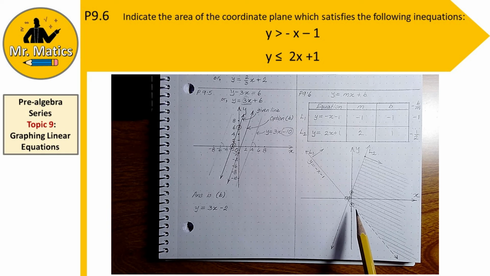Some other books which I have also seen have used dashed lines or broken lines to indicate that, but any points adjacent to the line and onward will be included. So that could be one convention that you can also follow.